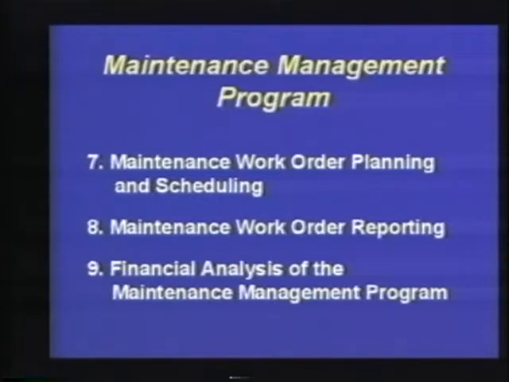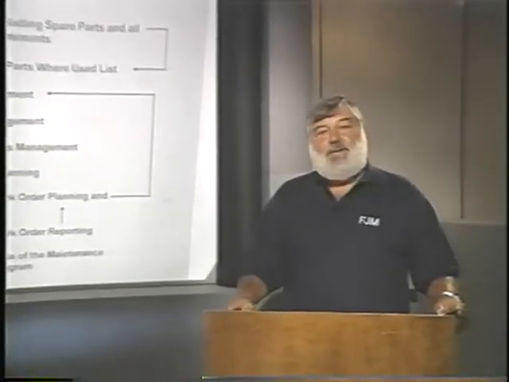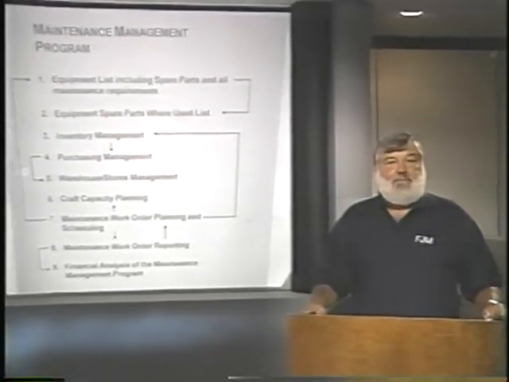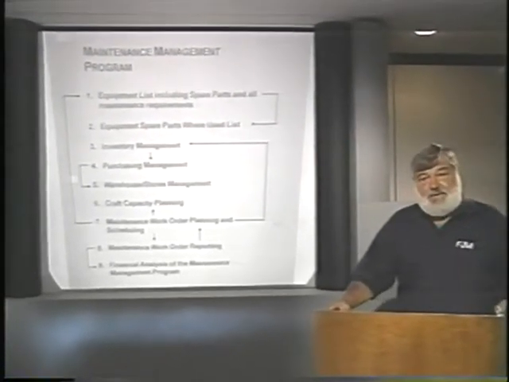Now, moving to page number 4, what I have done here is addressed the same 9 functions, but here we're showing you how they are integrated to support preventative maintenance. You'll notice there's an arrow coming out of item number 7, and it is going up to item number 1 on the left-hand side.